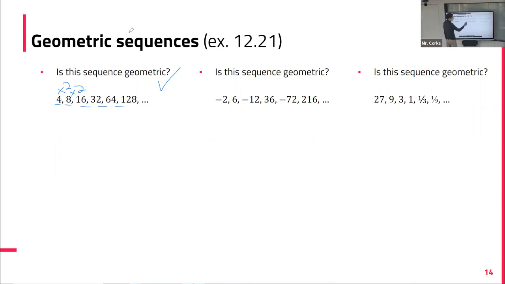Next one, -2 to 6. So we multiply by -3. From 6 to -12, we multiply by -2. From -12 to 36, -3 again. From 36 to -72, -2 again.